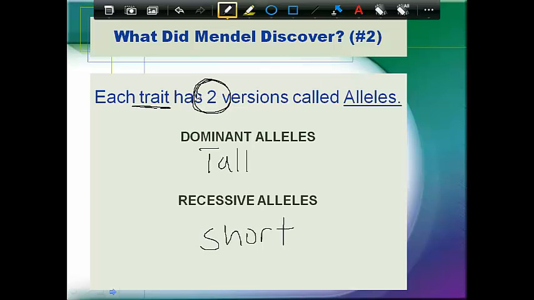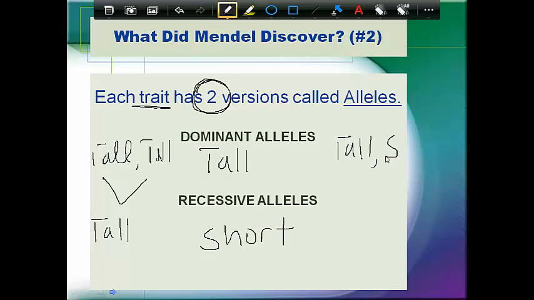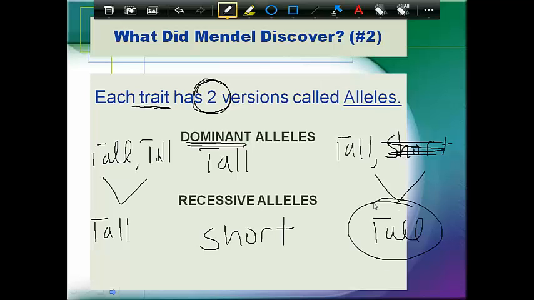If we get a pea plant that's tall as its two versions, it makes sense that it's going to look tall. But what Mendel said is if we have a pea plant that's got tall, short as its two versions, it's going to look tall, because again, that dominant allele covers up the recessive allele, and all we see is the dominant allele in his pea plants.